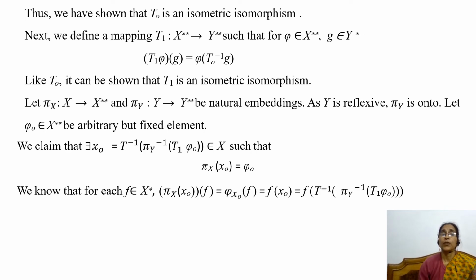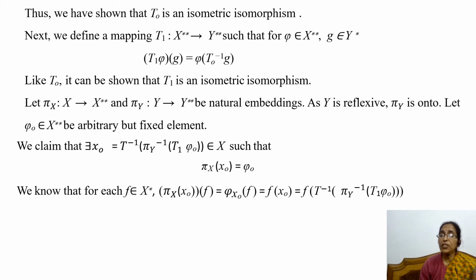We know that for each f in x star, pi x of x naught of f is equal to phi x naught of f, because pi x of x naught is phi x naught by definition of natural embedding. Pi x of x naught of f is equal to f of x naught.